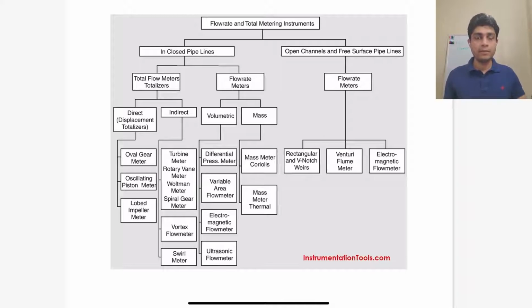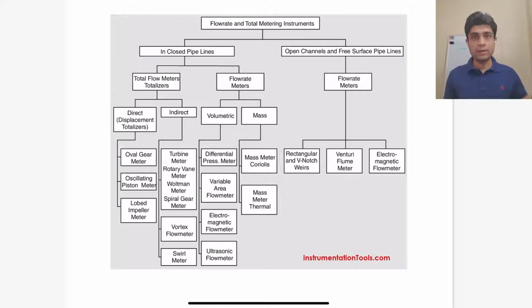It can be liquid sometimes, it can be air, and sometimes we want to just measure the amount of fluid that has passed, that is, how much volume or mass has passed, or sometimes we want to keep track of the flow rate, that is, the amount of fluid passing per unit time.